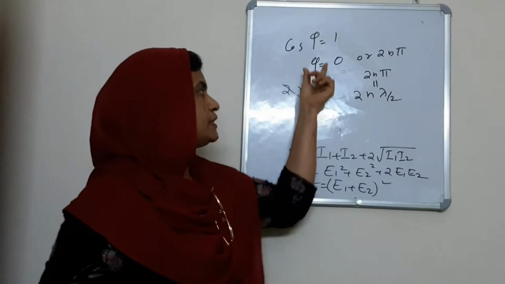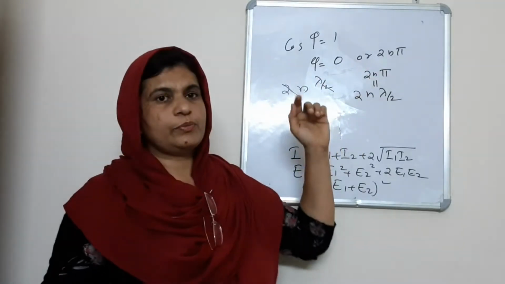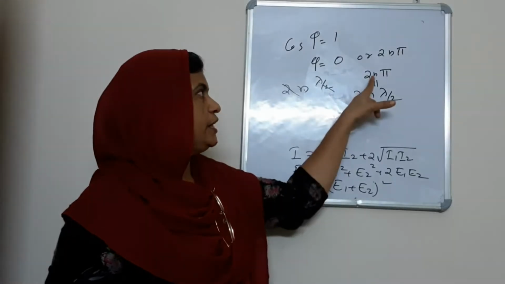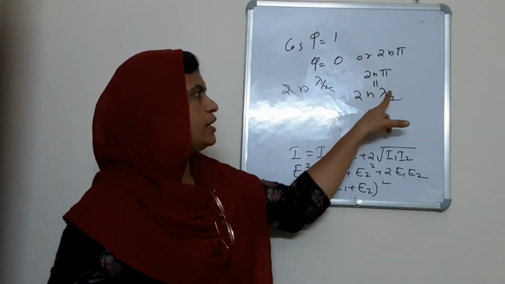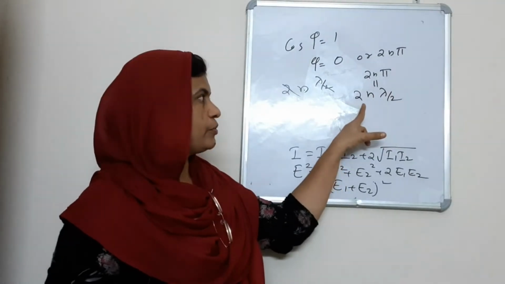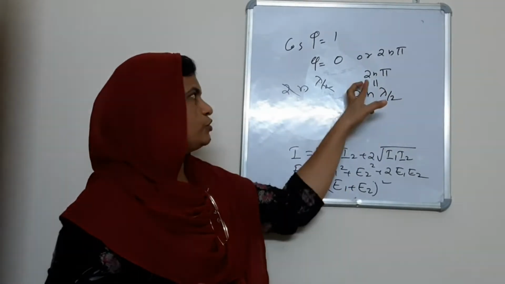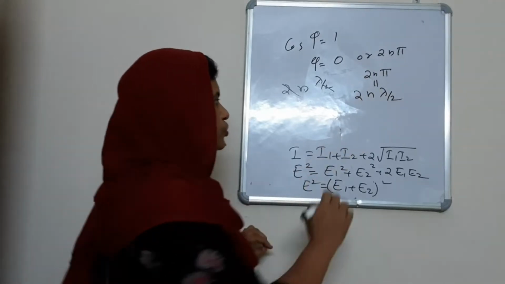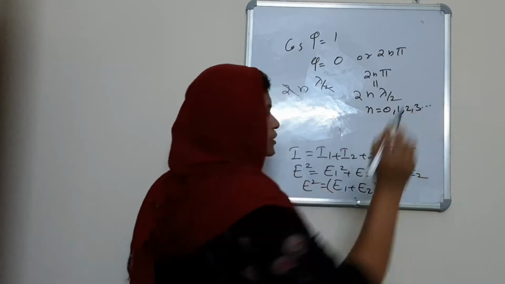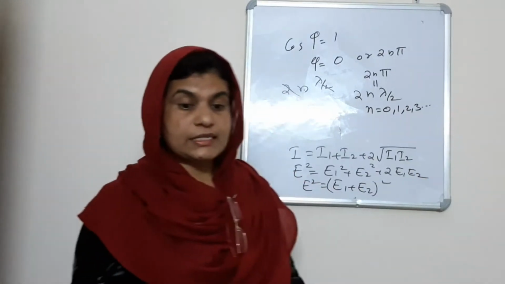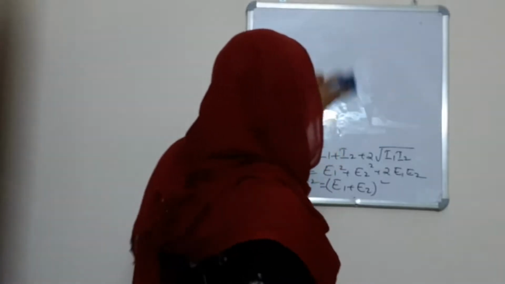So for constructive interference, the condition is that the phase difference between the two waves should be an even multiple of pi, or the path difference an even multiple of lambda by 2, where n is equal to 0, 1, 2, 3, etc. This is the condition for constructive interference, the points of maximum brightness or maximum intensity.